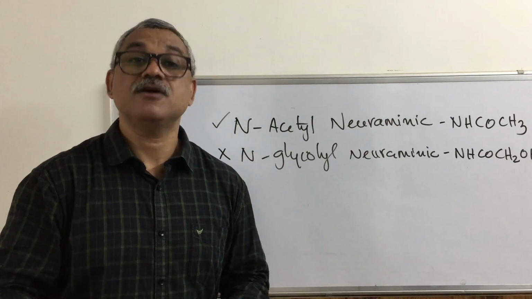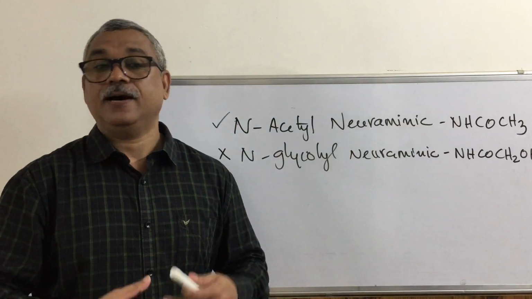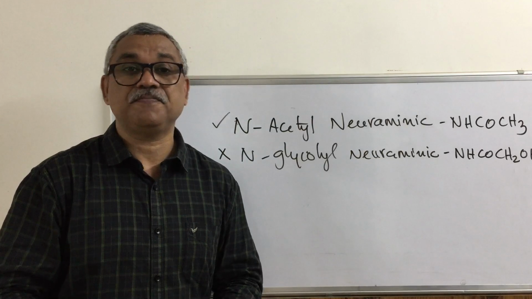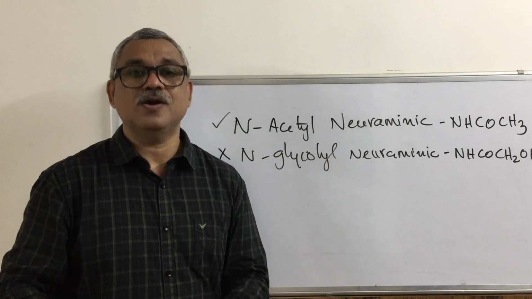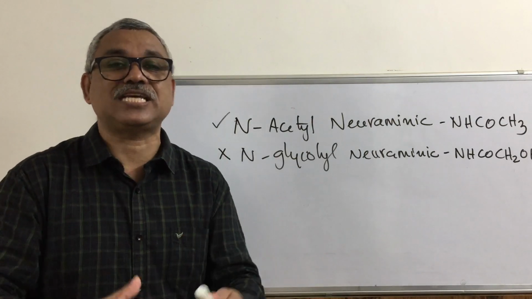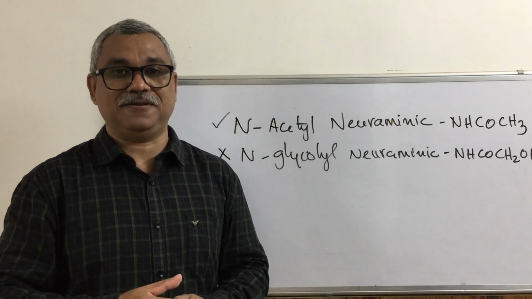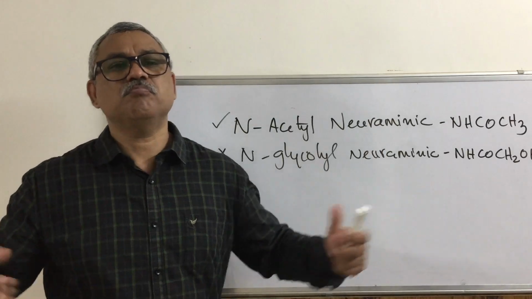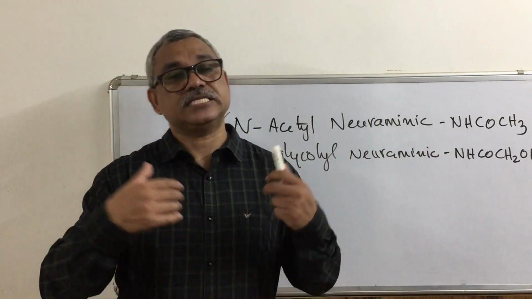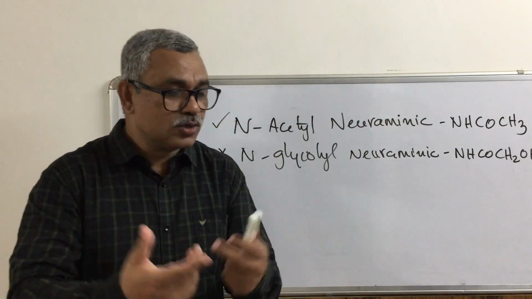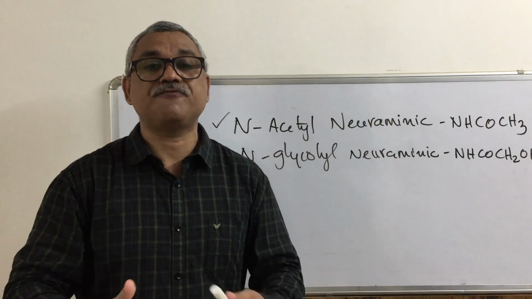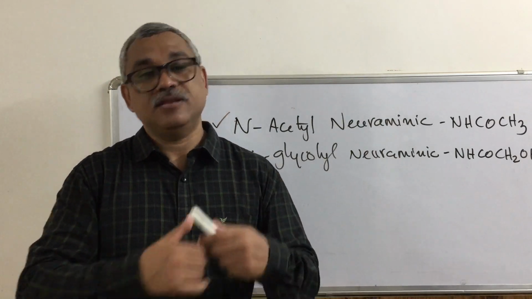Several examples like influenza, Helicobacter pylori, Plasmodium falciparum, all these are known to attack or infect cells by doing this kind of molecular mimicry. So this is a brief account about neuraminic acid, which is found in several parts of our body, and we looked at what the characteristics and functions of neuraminic acid are in living systems.